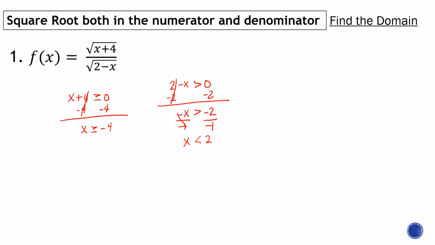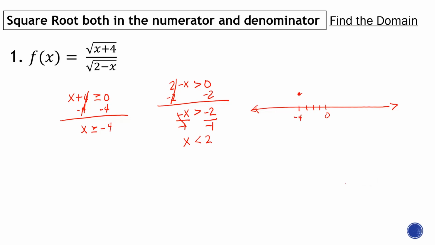Now it will be easy for us to find the intersection of those two domains if we have a graphical representation. So let's locate those two domains here. We have x is greater than or equal to negative 4. So here is our negative 4, right?